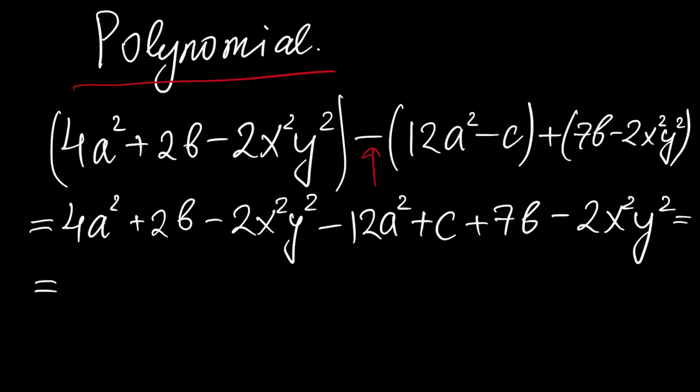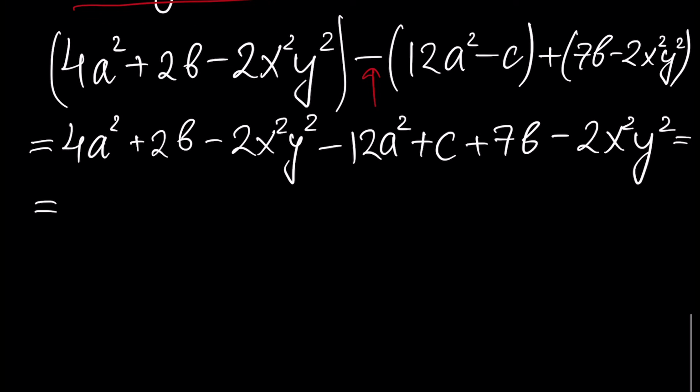Next, we just perform addition of similar monomials. It's easy to see that the first monomial is similar to this monomial, and next, the second monomial 2b is similar to this monomial, and this monomial is similar to this monomial, and we have to just add these similar monomials.